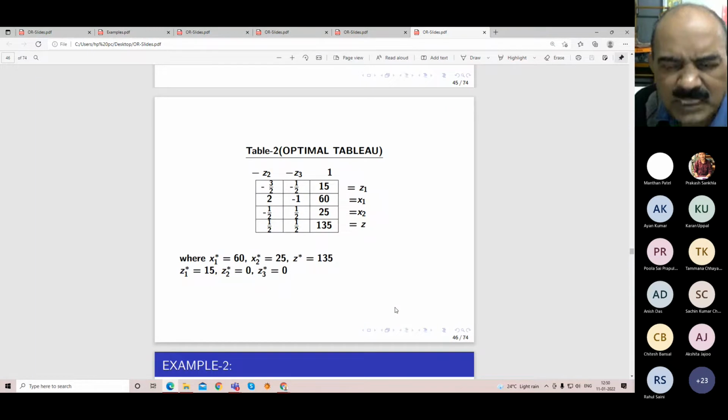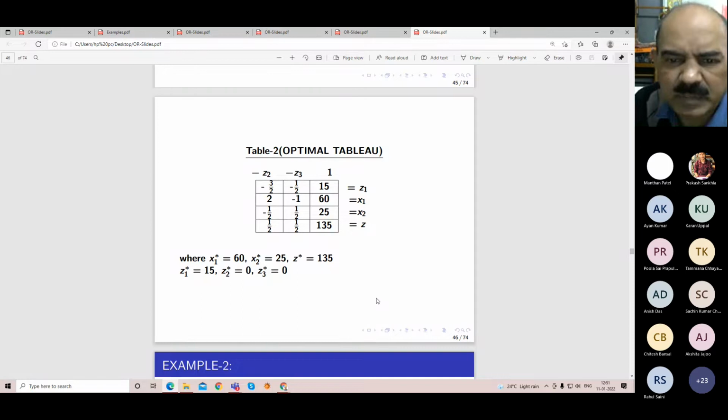So what is the optimal solution? In the problem itself, we need x1, x2 only. Now, what is your x1? x1 is becoming 60. What is your x2? x2 is becoming 25. What is your z? z is becoming 135. What is our z1? z1 equal to 15. Why are you calculating all these things?